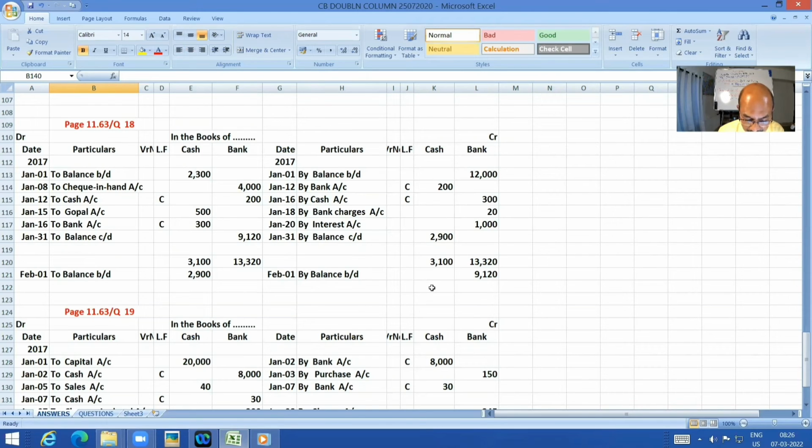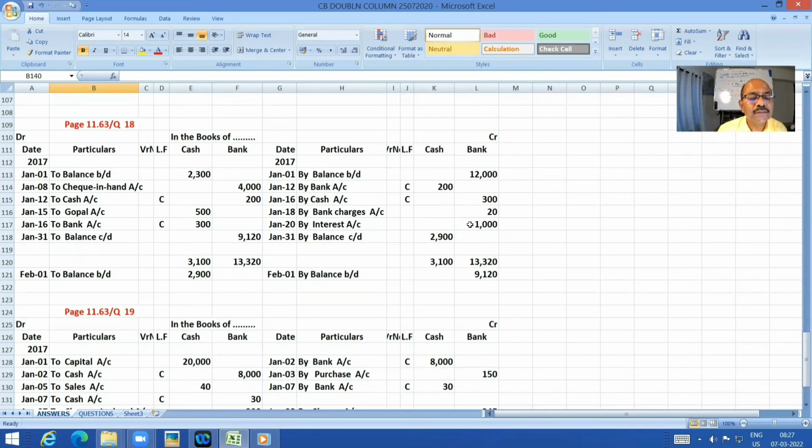Okay, not a regular income. Otherwise, the bank would have given you on your deposit. This is the reverse. So the interest would be by interest in the bank column. How much? To 1,000. What's the journal entry of it? Interest to bank. Debit the expenditure, credit the receiver. So bank by interest 1,000. Okay.